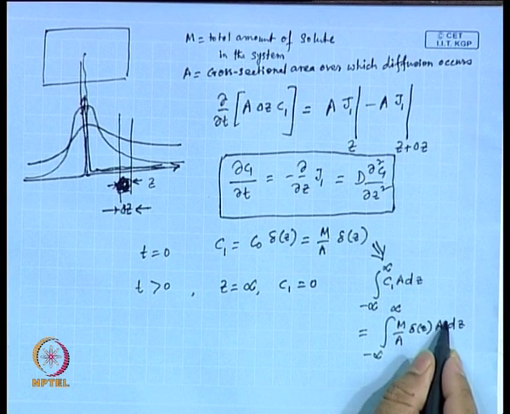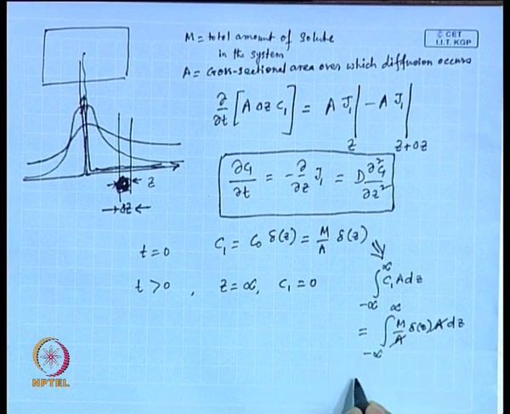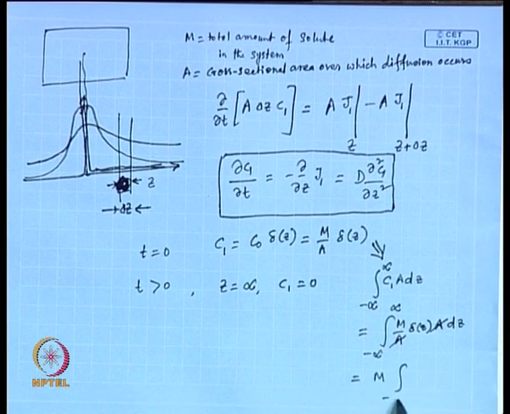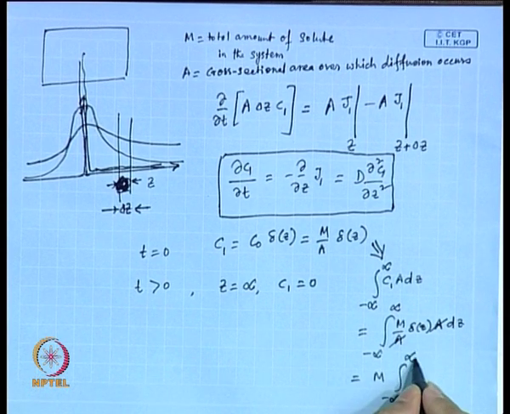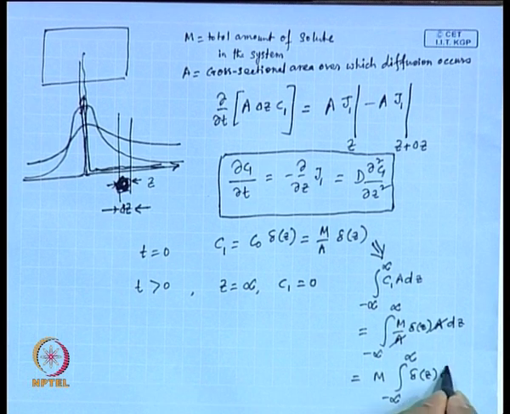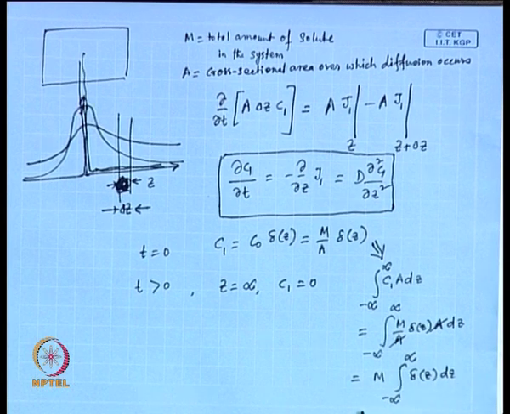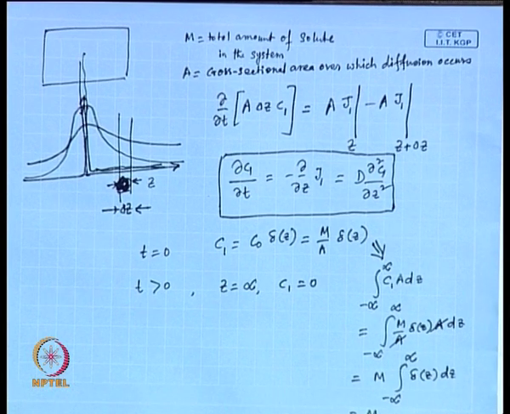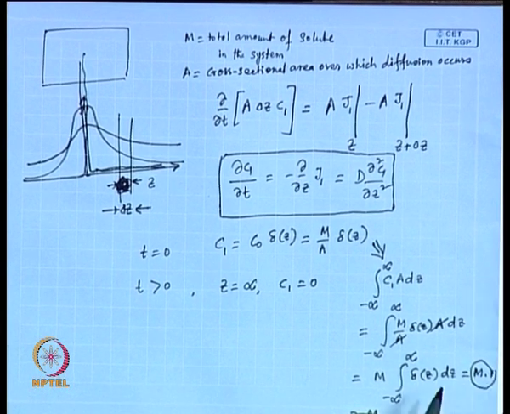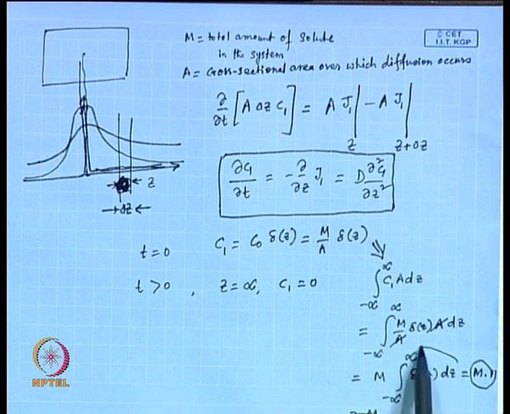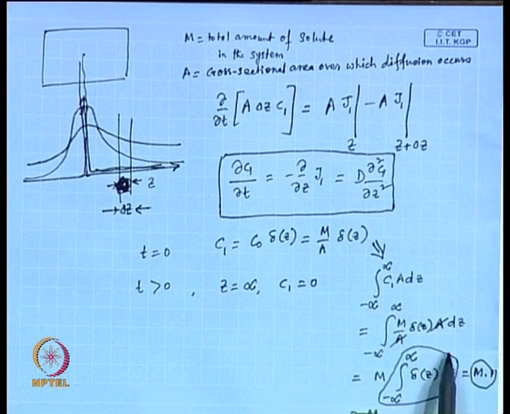So, basically this is m times the integration from minus infinity to plus infinity of delta z dz, and I pointed out that the integral of this Dirac function is equal to 1. So, this is equal to m into 1. So, this is basically m, because the value of this integral is equal to 1.